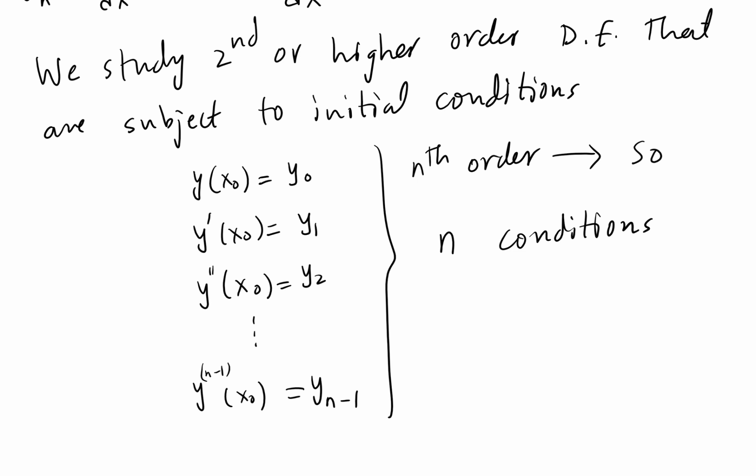These are different conditions on the differential equation. Later on, we'll see the boundary value problem. The conditions are slightly different; they don't involve derivatives. That's how you're going to know whether this is an initial value problem or a boundary value problem.